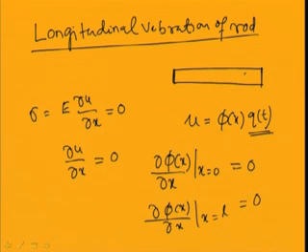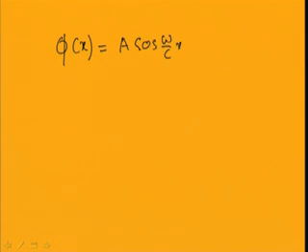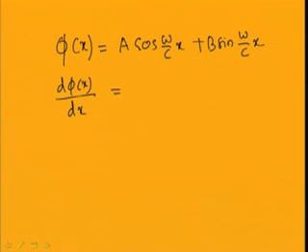As you have already got the expression for phi(x), that is equal to A cos(omega by c x) plus B sin(omega by c x), you can find this d phi(x) by dx. So, that is equal to A into omega by C.